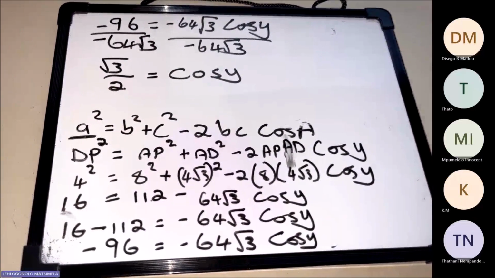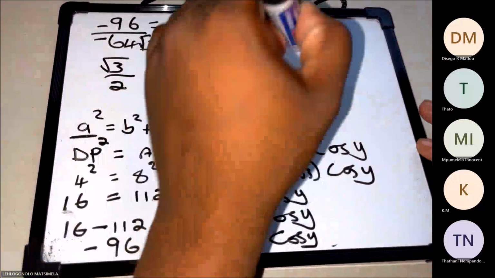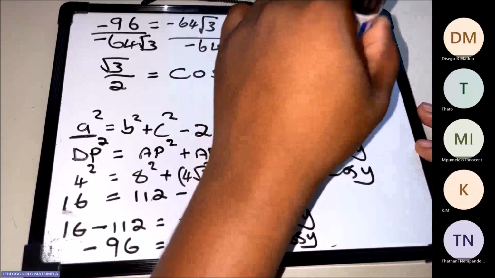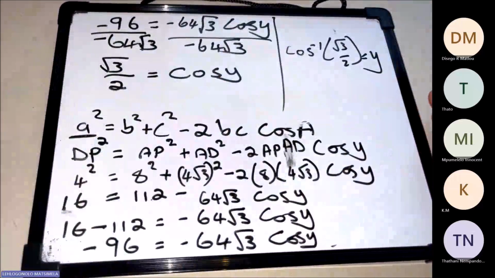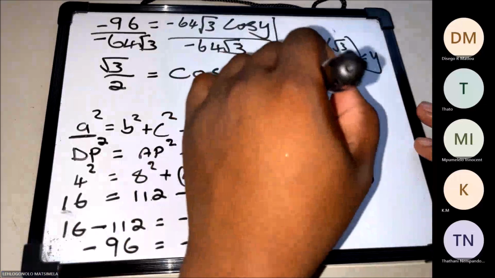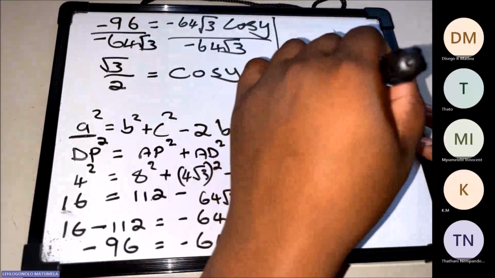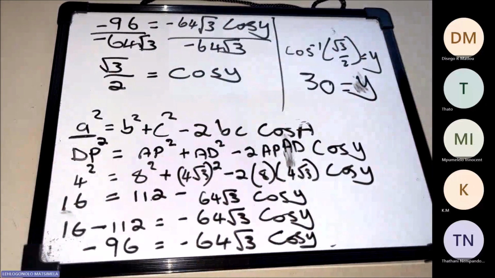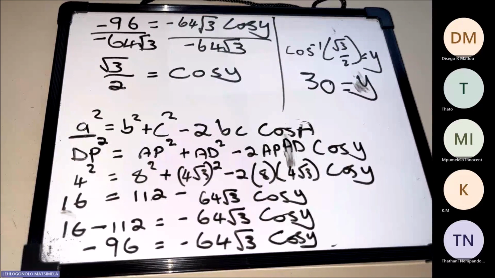So on a calculator, I press shift cos, then √3 divided by 2 is equal to Y. So this will give me 80 is equal to Y, if I'm not wrong. If I am not wrong, I want to shift cos √3 over 2 again.